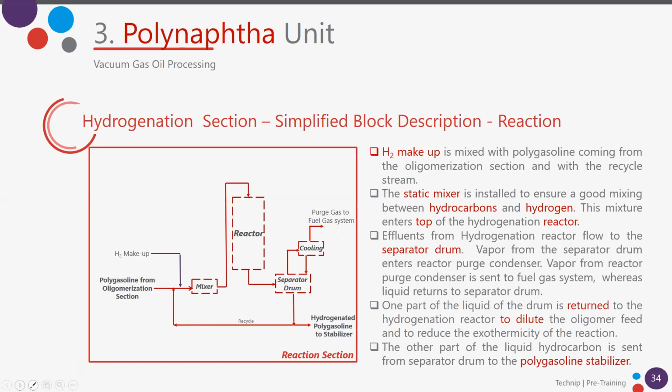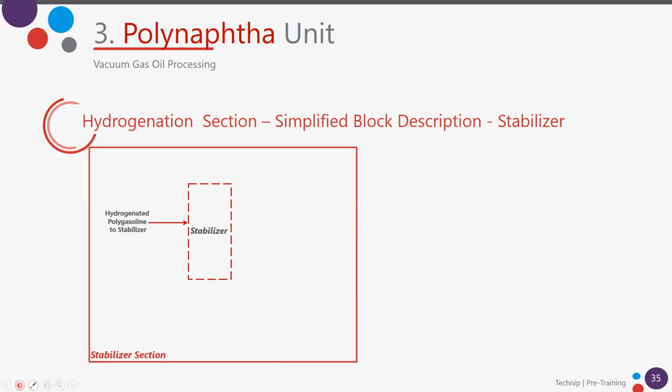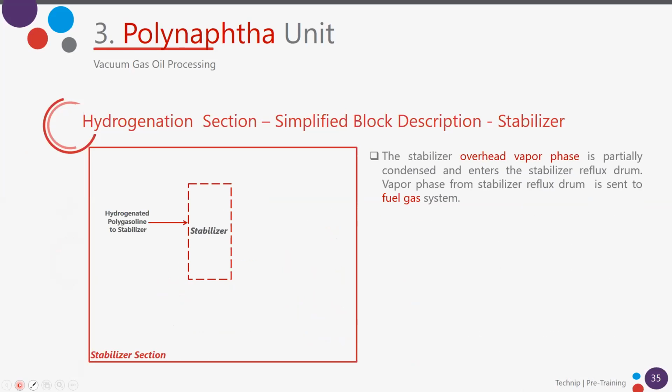So let's go to the stabilizer section. The hydrogenated polygasoline from the previous slide, remember, is sent to this stabilizer. Then in this stabilizer, of course, you have an overhead vapor phase.